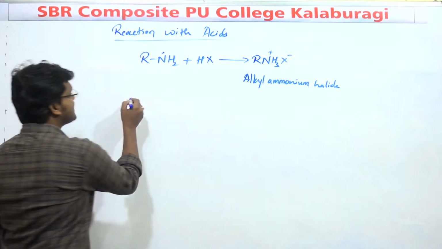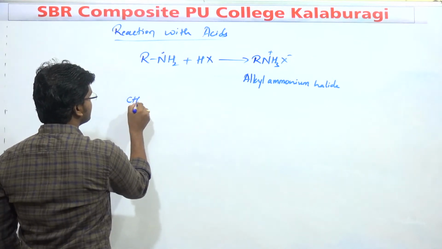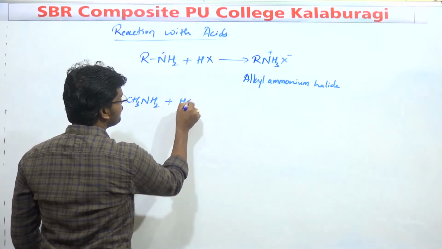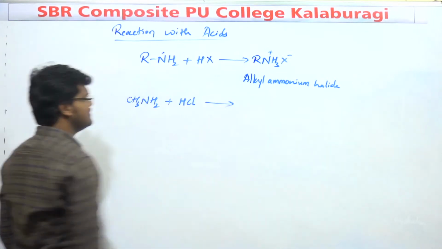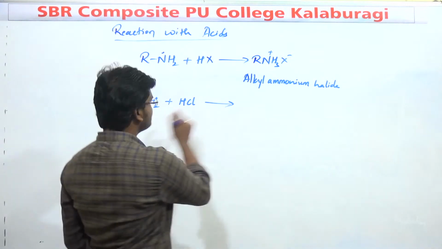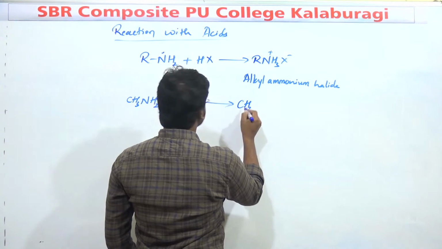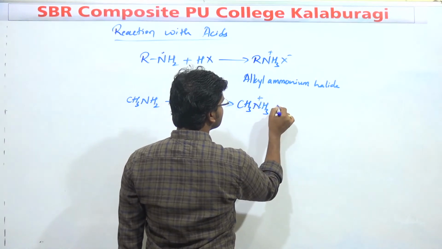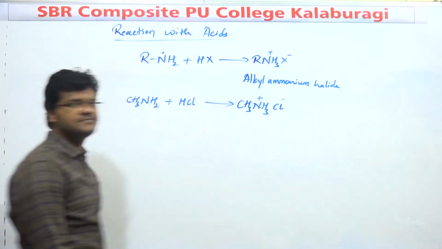Here, I will write an example. I am having methylamine CH3NH2 made to react with HCl. By saying that general example, can you write the product? This is going to become CH3NH3+ Cl-.